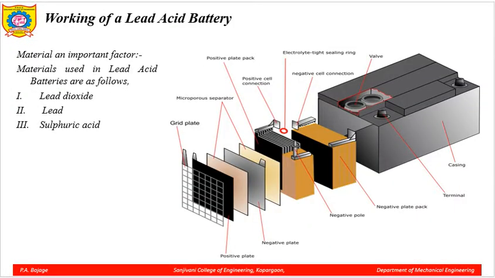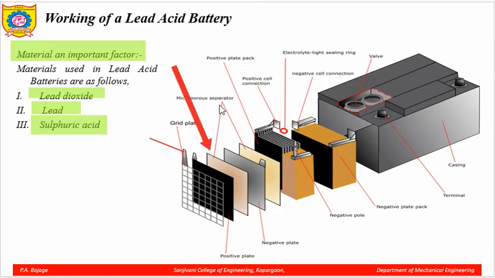Here in this diagram, you can clearly observe the important parts of a lead acid battery. Lead oxide, lead, sulfuric acid. Here the grid plate is there, and again you have the microporous separator, which we have already discussed.